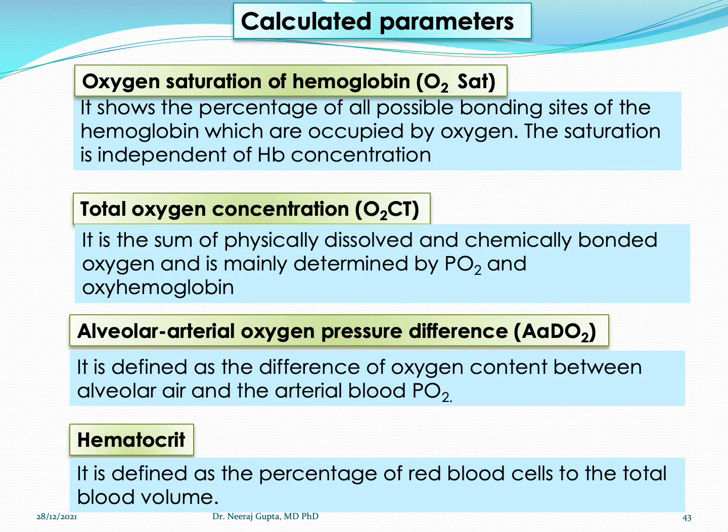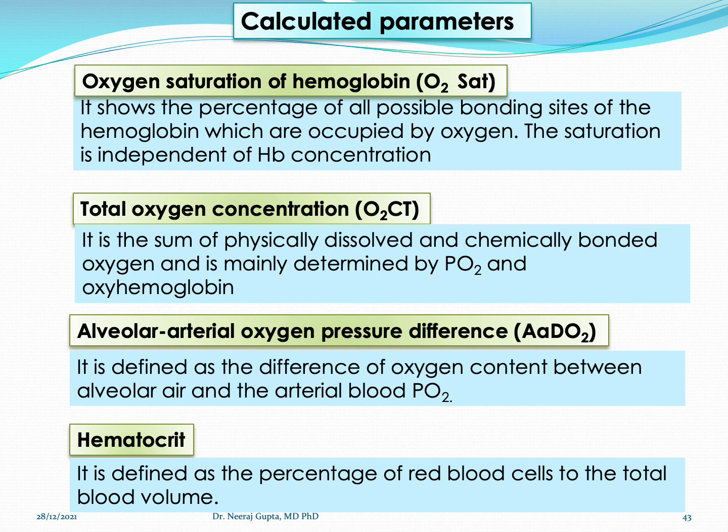So other calculated parameters are oxygen saturation of hemoglobin. Now it shows the percentage of all possible bonding sites of the hemoglobin which are occupied by oxygen. The saturation is independent of hemoglobin concentration. Now total oxygen concentration. Now it is a sum of physically dissolved and chemically bonded oxygen and is mainly determined by partial pressure of oxygen and oxyhemoglobin.